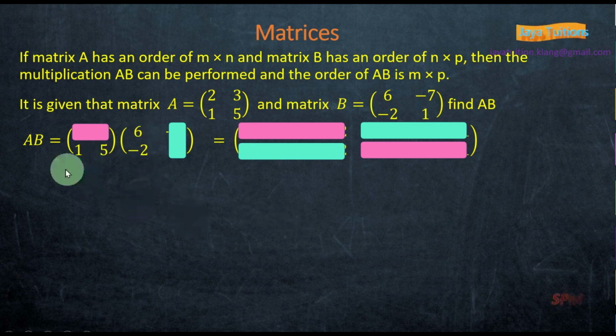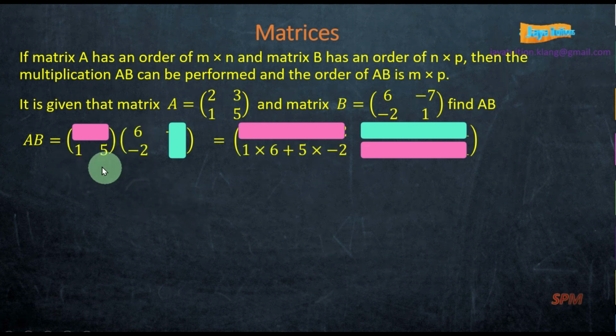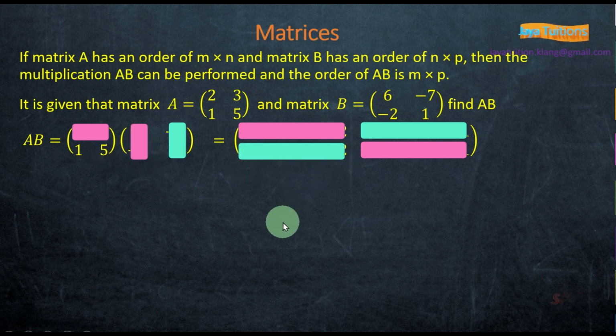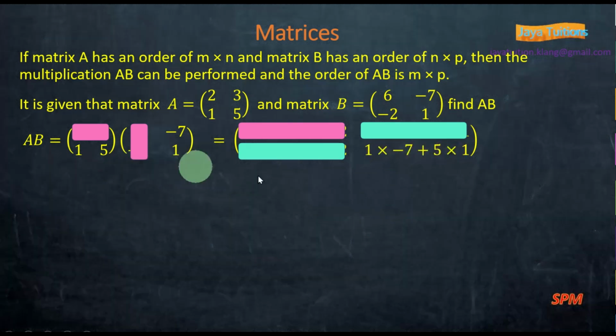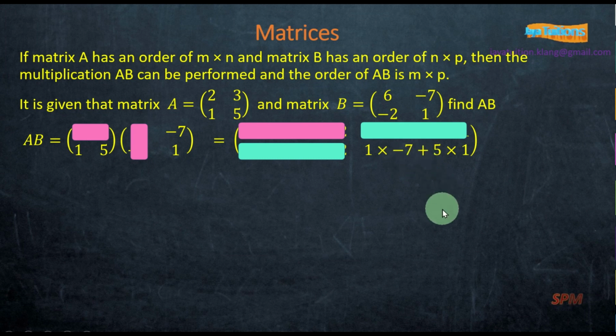When you do it, 1 times 6 and 5 times negative 2. You add it up. Further to that, second row and second column: 1 times negative 7 and 5 times 1 will be the second row and second column.